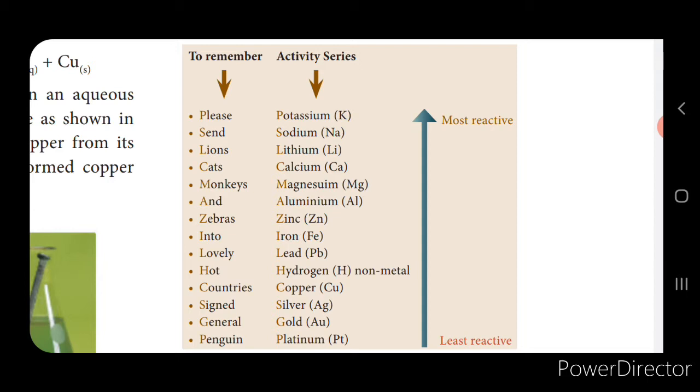Now which metal displaces hydrogen from hydrochloric acid? Here zinc displaces hydrogen from hydrochloric acid because zinc is more reactive compared to silver. So the more reactive elements readily displace the less reactive elements from their aqueous solution.